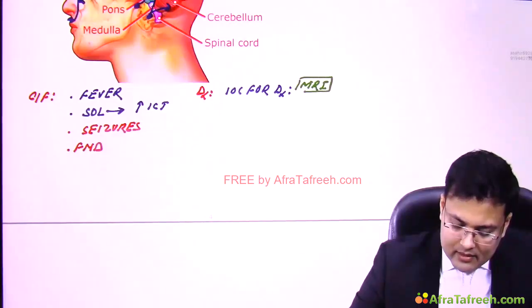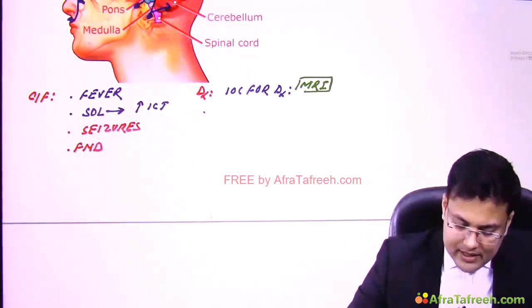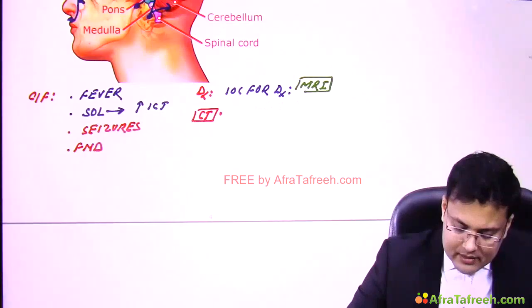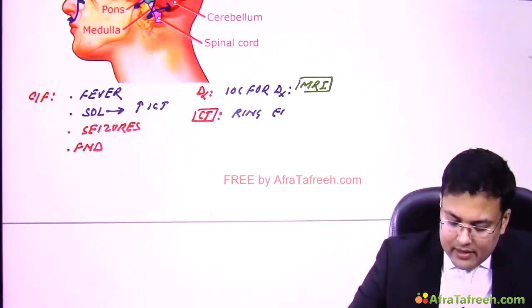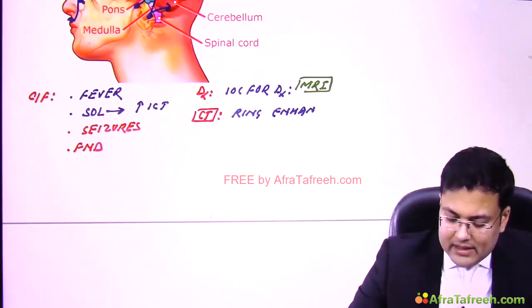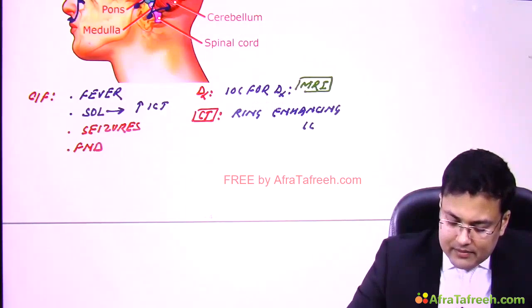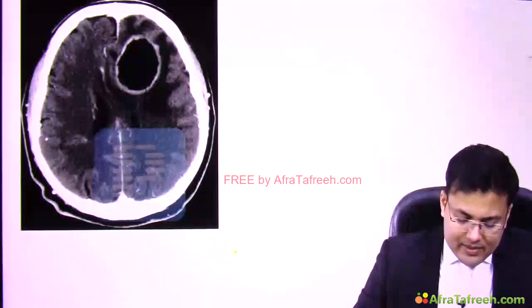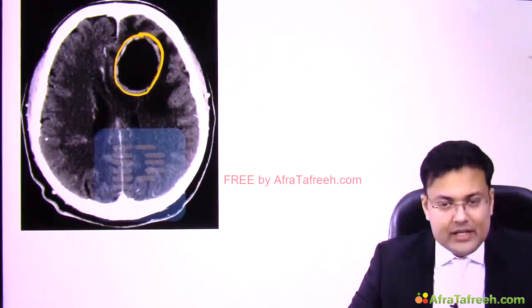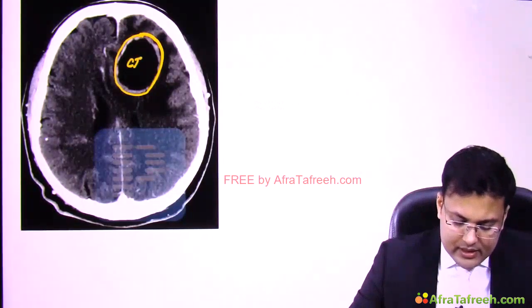And if you perform CT, there are ring enhancing lesions. Here you can see the CT of a patient who has a brain abscess. Can you see? There is a ring enhancing lesion. So this is CT showing ring enhancing lesion.